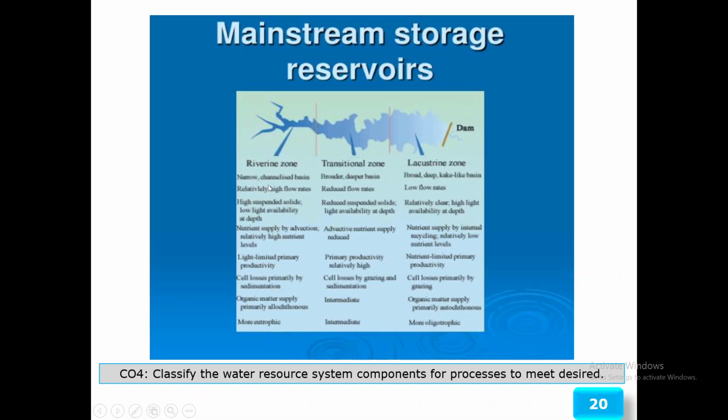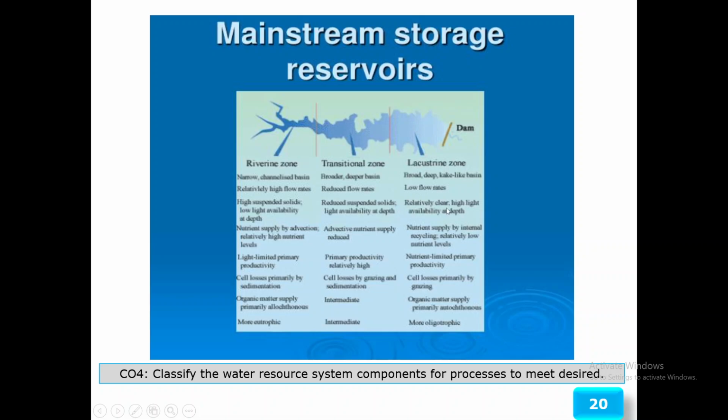So see the narrow channelized basin, whereas this is a broader and deeper basin. Compared to that, from here it is a broad, deep, lake-like basin. Here is a relatively high flow rate, here the flow rate is reduced, here a low flow rate. Here high suspended solids, low light availability at depth. Here reduced suspended solids, more light availability at depth.